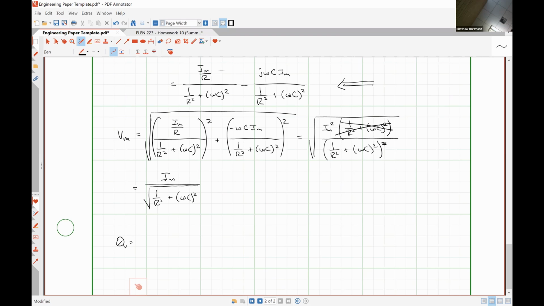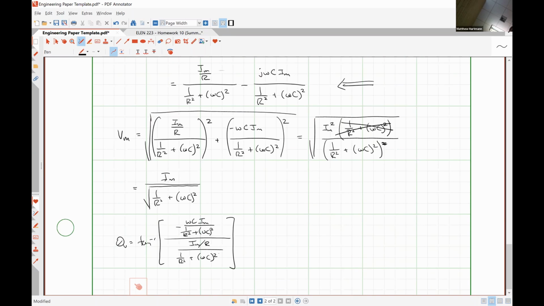So theta v will be the inverse tangent of, I might need more room here, the imaginary part. So that's going to be negative omega c Im over 1 over r squared plus omega c squared, divided by the real part, which was Im over r, 1 over r squared plus omega c squared.